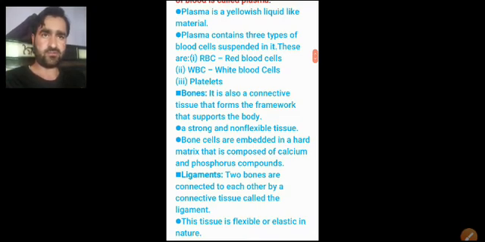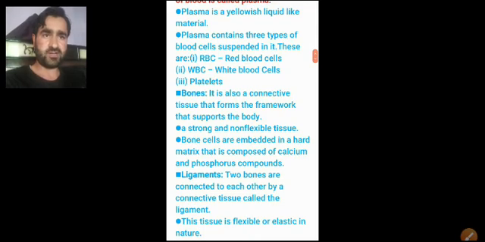The second type is bones. Bone is also a connective tissue that forms the framework that supports the body. Had there been no bones, the animal body could not have been shaped like we see. So in every animal body you will find there is a framework of bones, or bone tissue.